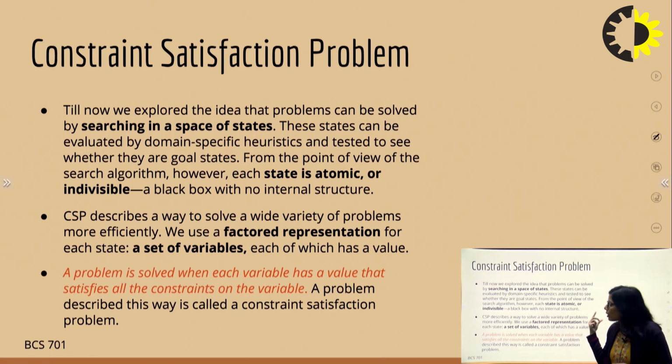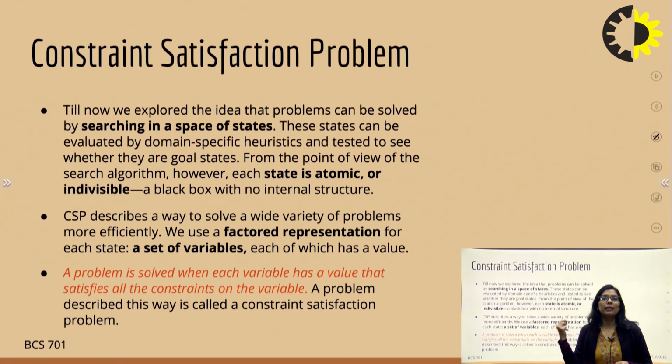In contrast to that, CSP does not consider a state to be a black box. Instead, it considers a factored representation of a state. So it considers that we have a state and it has certain variables that define a state.